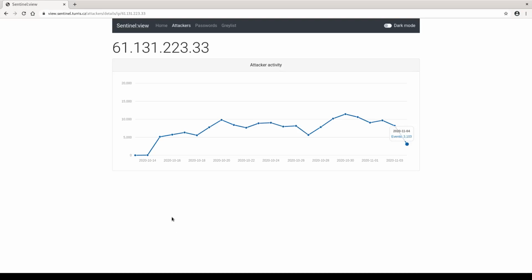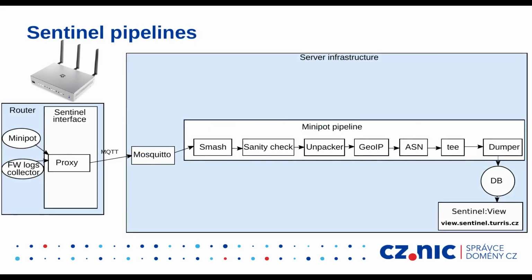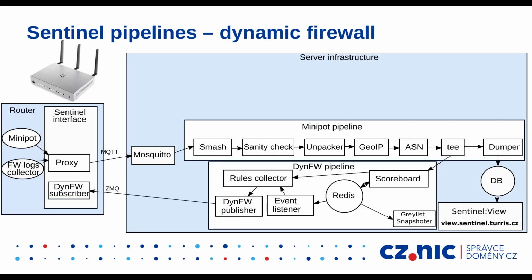But this is just the beginning, as we are working on improving Sentinel View capabilities right now. Now let's get back to the pipelines. We've studied the Minipod pipeline, and maybe you noticed that there was no big need for stream data processing when we stored the result to a database anyway. So let's move to another pipeline, Sentinel Dynamic Firewall.